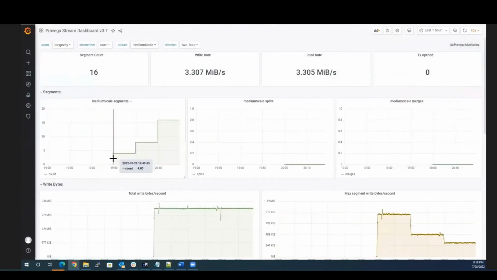So from the metrics, we can observe at 1949, this stream was created with 4 segments.